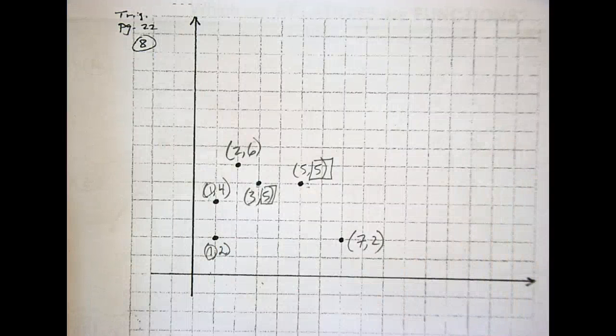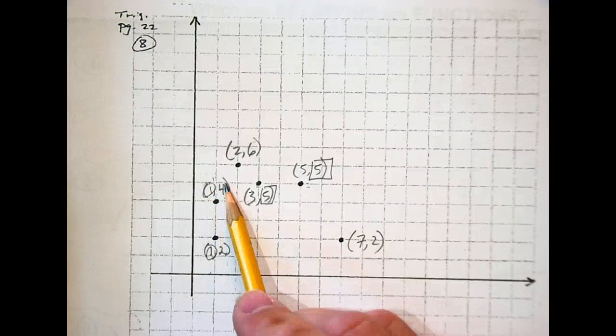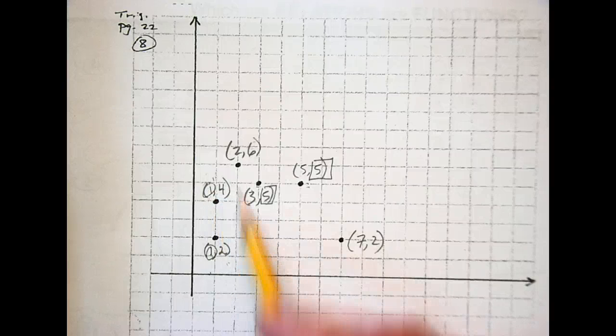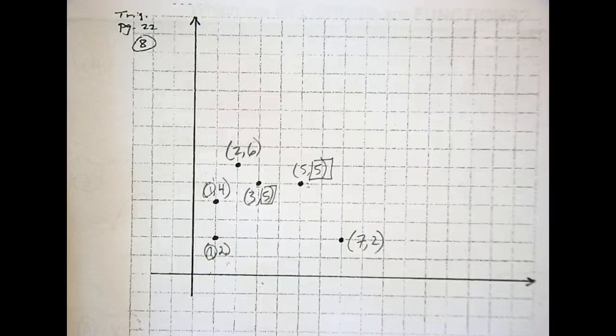So this is not a function because the same x goes to different y's. In other words, the same input gives us different outputs. You can't have the same input giving you a different output. Otherwise, you don't know what you get. It'd be like going up to a pop machine and putting in a buck and hoping you get a pop. Oh, this time you get a cookie. It might be cool if you want a cookie.